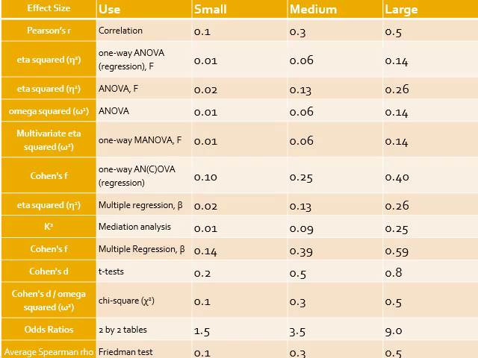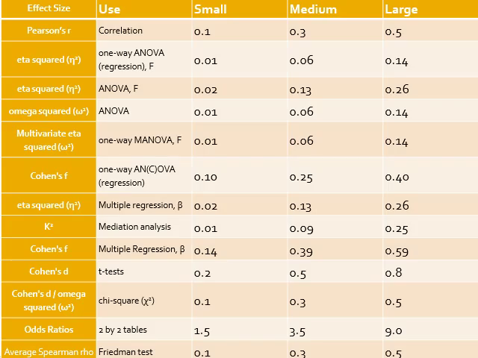ANOVA, which is usually determined by either eta squared or omega squared, just depending on the type of ANOVA that you're running. Analysis of variance, you'll learn about this in a subsequent video lecture. 0.01, 0.06 and 0.14 are the most commonly used, although eta squared can also be 0.02, 0.13 and 0.26 depending on the type of ANOVA that you are running.